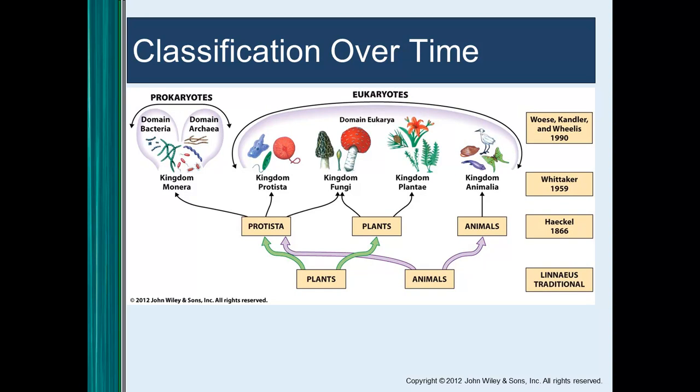Here you can see figure 9.11 from your textbook. This is from page 249. And this helps to explain the changing system of classification, showing that systems of classification have progressed from the simple Linnaean model of 2 kingdoms to the current 5 kingdom, and again the 3 domain arrangement.